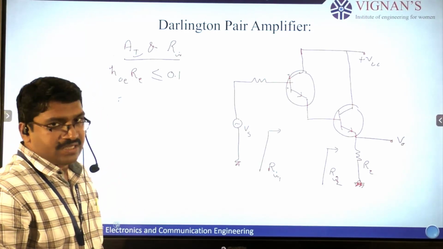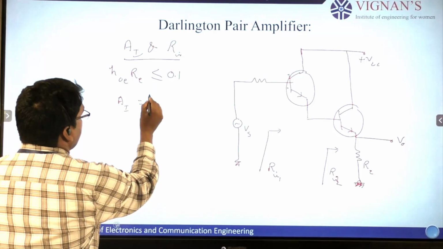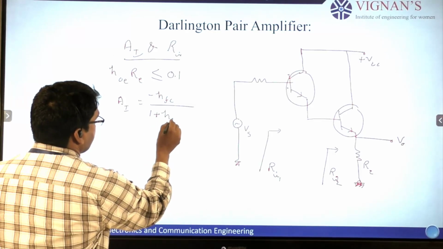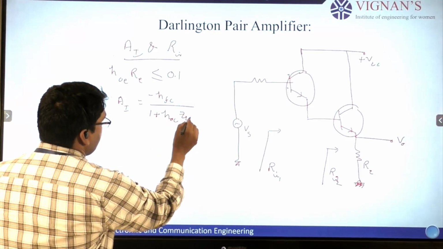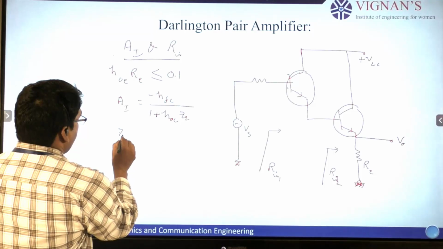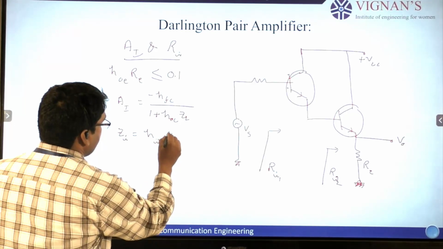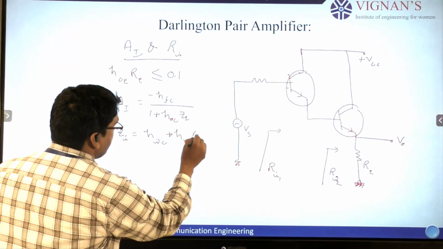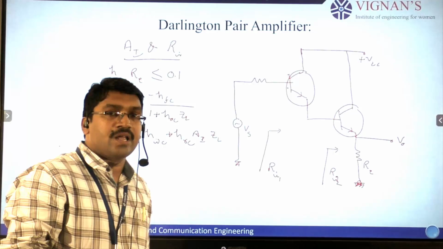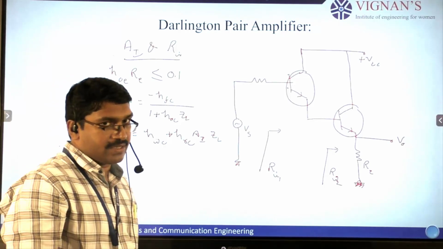When approximate analysis is valid, we know the formulas from exact analysis: current gain is minus hfc by 1 plus h0c ZL. Here in the place of ZL, Re is there, and input resistance or input impedance is hic plus hrc AI ZL. These are the formulas for current gain and input resistance of the CC amplifier for exact analysis.